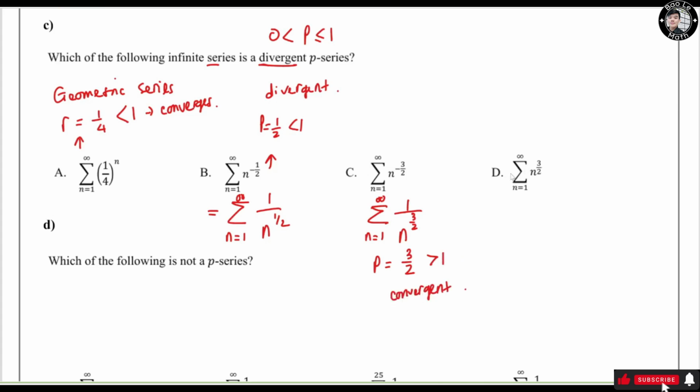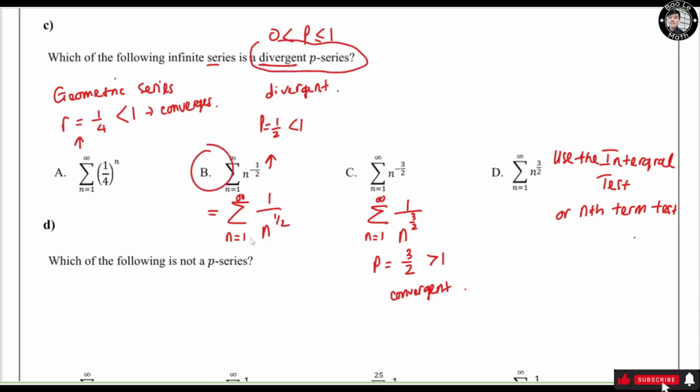Now D, this is not a P series, right? However, you can use the integral test or the n-term test to determine the convergence of the series. Now the question asks us to determine the divergent P series, right? So the answer must be B.